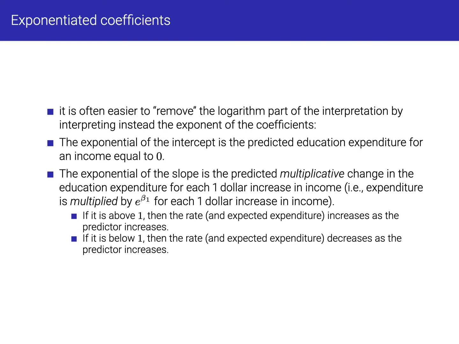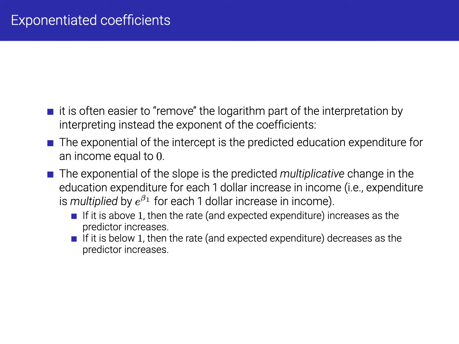So the exponential of the intercept is the predicted education expenditure for an income equal to 0. So this time I have directly a predicted education expenditure, provided that instead of interpreting the intercept, I interpret the exponential of the intercept. So e to the power of the intercept.